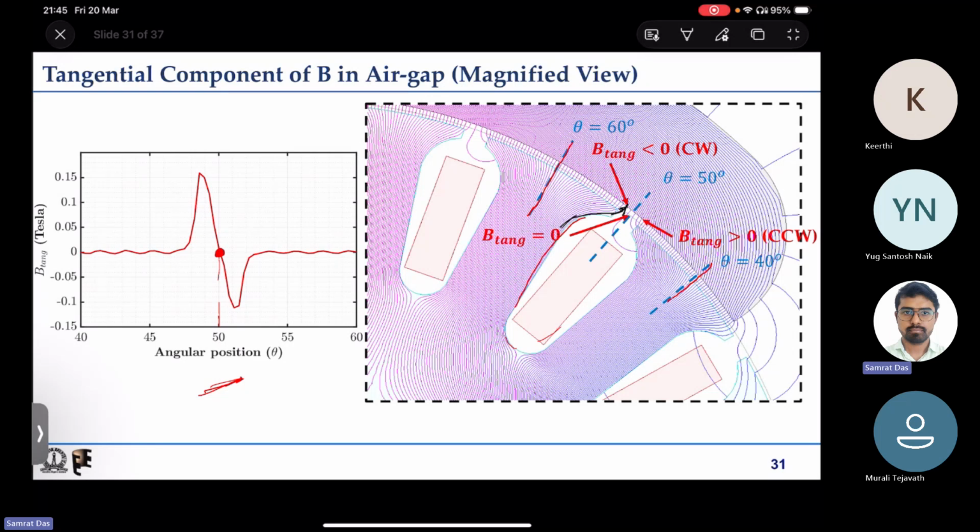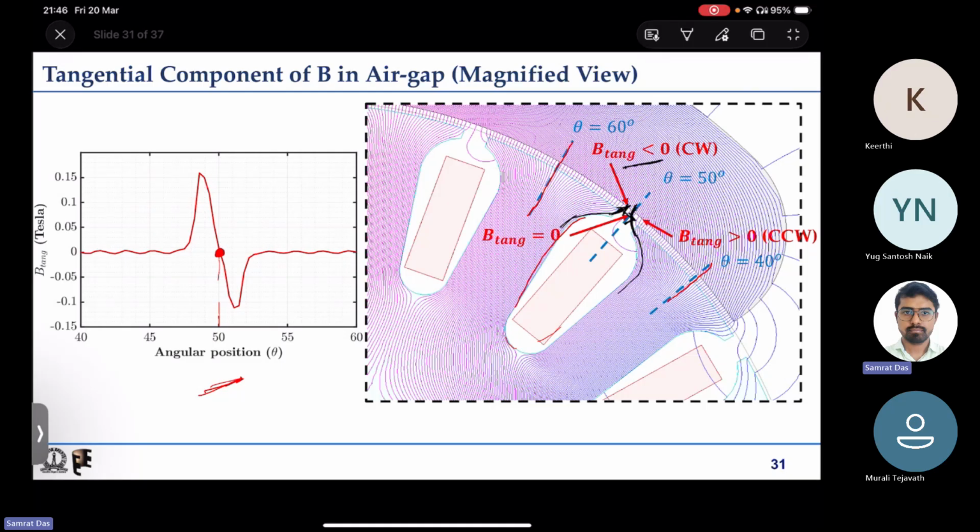So it bends, whatever its bending is on the right hand side, so that indicates some tangential component in the clockwise direction. So clockwise direction means B tangential has to be negative, so less than 0. On the other hand, the next tooth, their flux lines go like this.